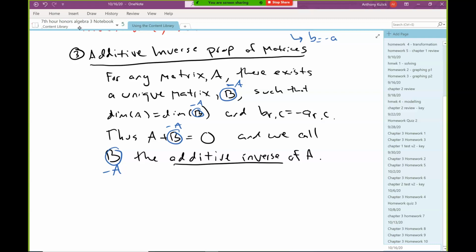Okay, is everybody okay with these three ideas? Let's just put them together here with a couple of examples and do a little actual arithmetic just to make sure we got it. Sound good?